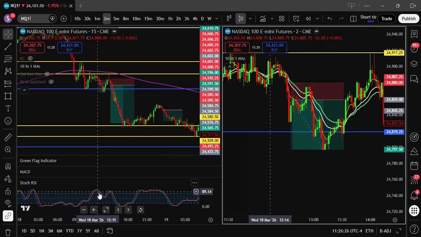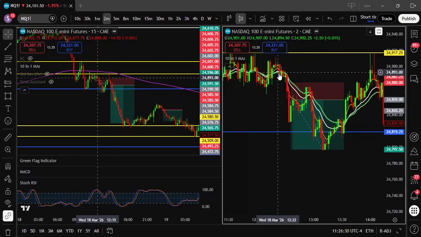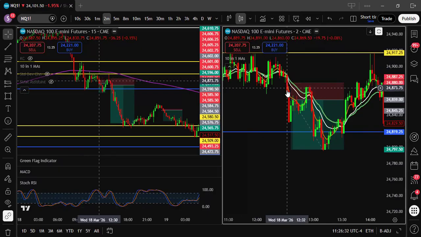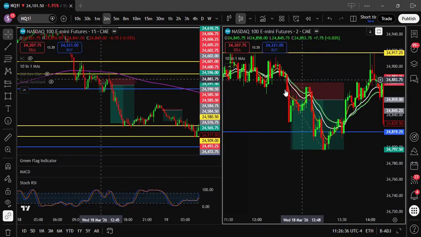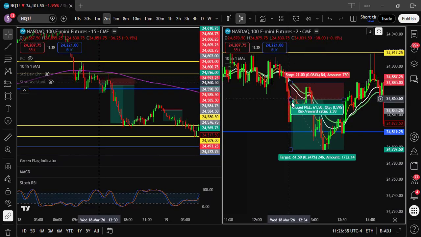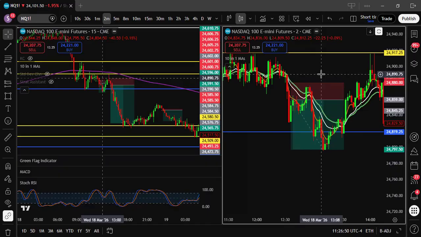Once the stochastic starts crossing down, that's when I want to start really looking for that 513 and 20 to start crossing down as well. Now, when that happens, that's to me is where now I can start really looking to get in because it's a high likelihood that price is going to start pushing to the downside, right? So that's when I start going back into my green candle, red candle situation.